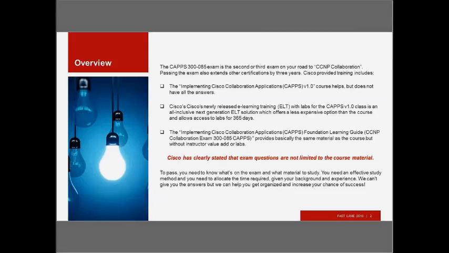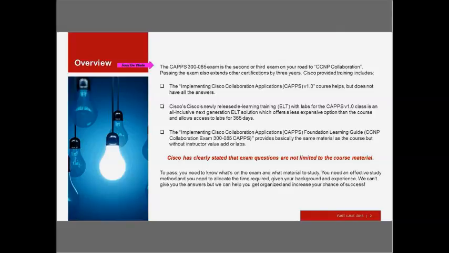Okay, so what are we looking at here? We're looking at the CAPPS course and the CAPPS 300-085 exam. That's the second or third exam on your road to CCNP Collaboration. So when I say second or third, there's actually 4 exams: CIPTV1, CIPTV2, CAPPS, and CT Collab.